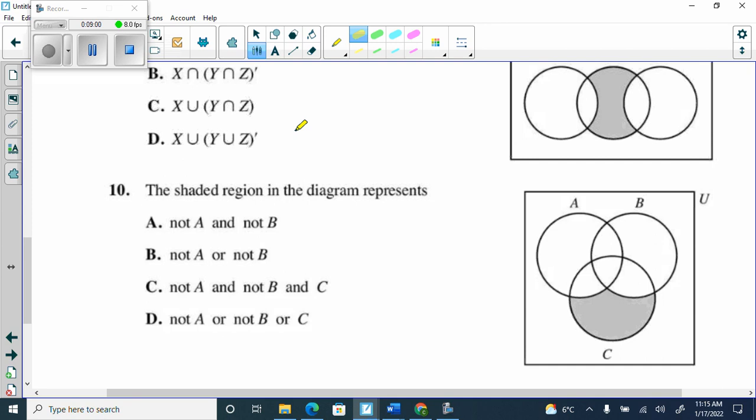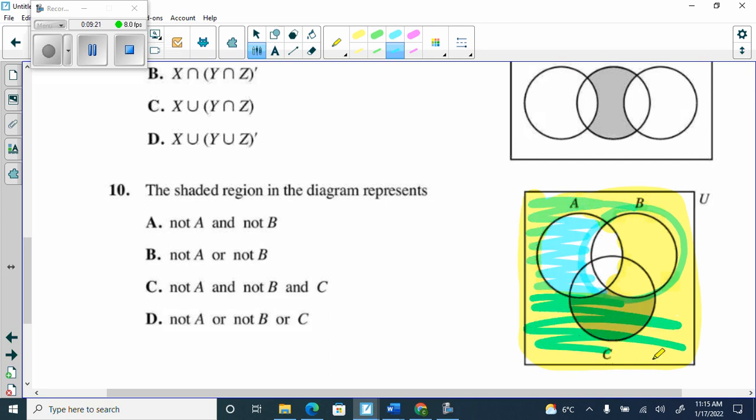So let's go. Not A would technically be all of that, right? Or not B would be all of that. And then if I go or C, it would be all of C.